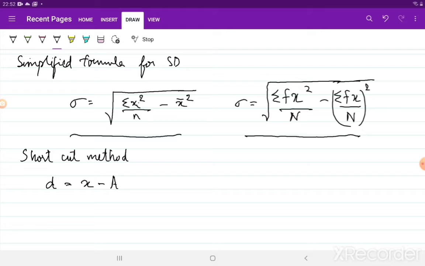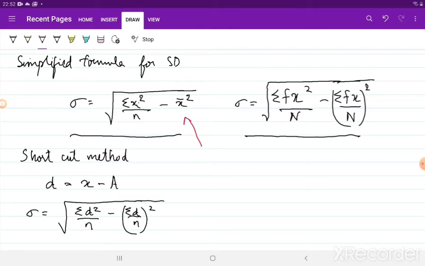Once you've got d, your formula for standard deviation becomes the square root of summation d square by n minus summation d by n, that is the mean value, the whole square.